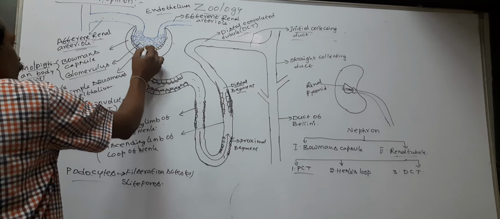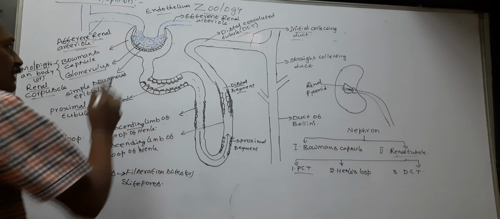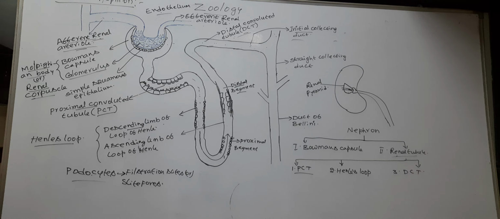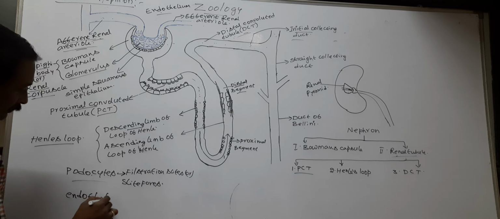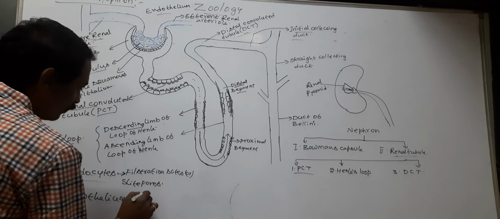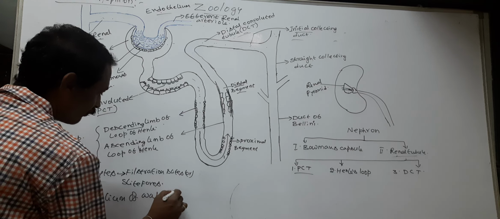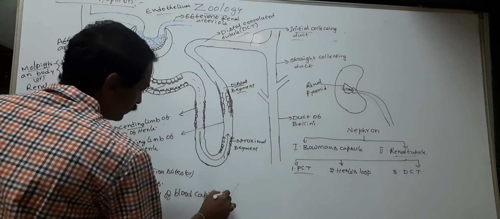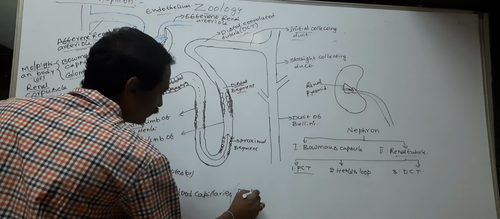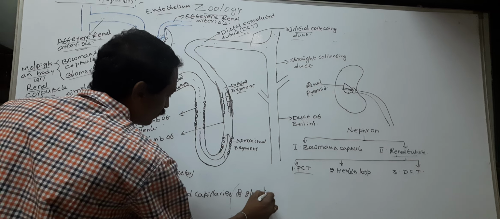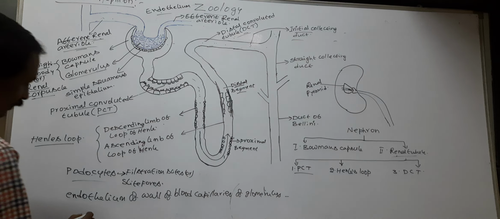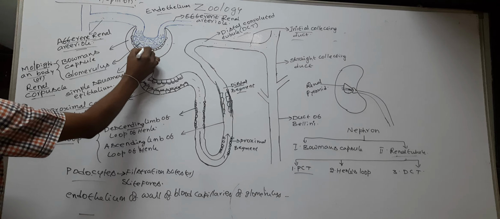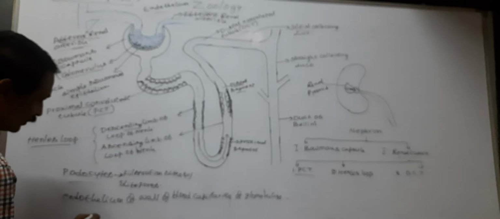So the wall of the blood capillaries of the glomerulus is lined by endothelium. The endothelium of the blood capillaries of the glomerulus forms small pores or openings called fenestrations.